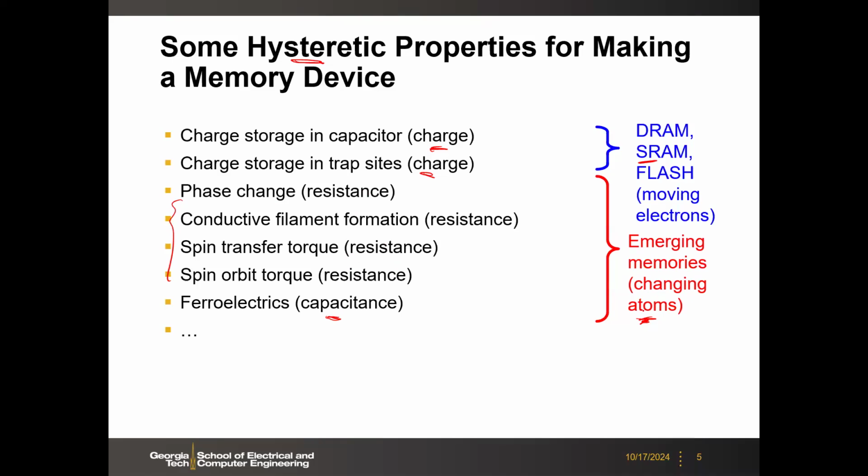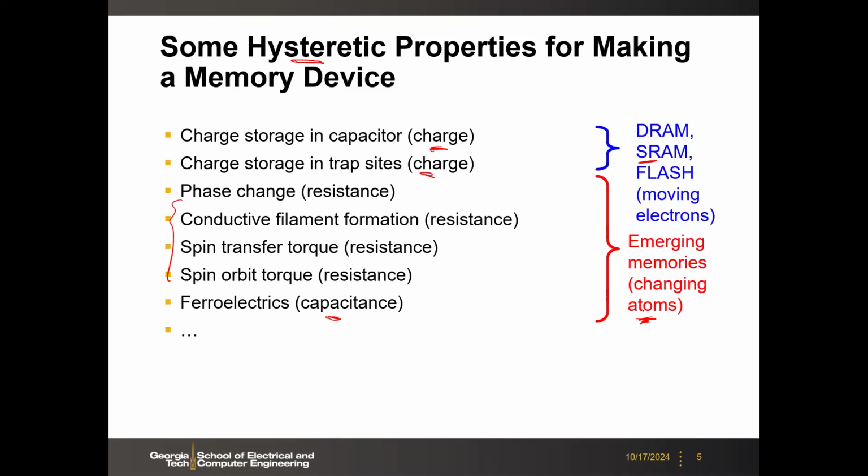That also introduces some fundamental limits for the emerging memories. As you can imagine, is it easier or more difficult to move the atoms compared to moving the charges? Which one is more difficult? It's more difficult to move atoms, right?